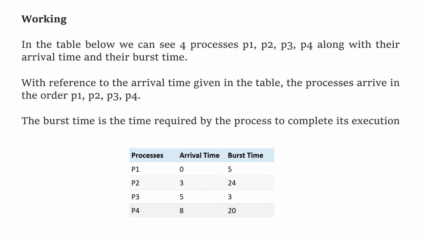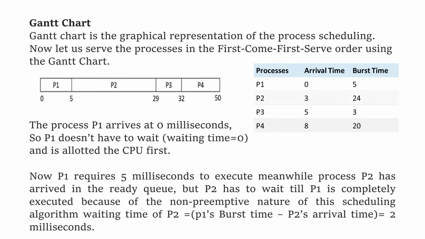This is given in this table. For these four processes, a graphical representation of the scheduling can be given by a Gantt chart. Using this Gantt chart, we can serve the processes in the first come first serve order.